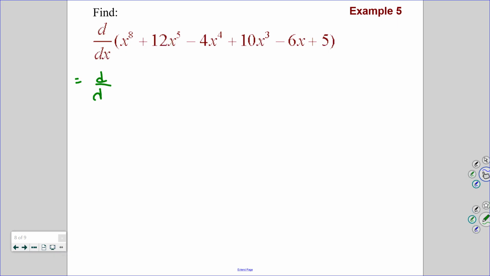Okay, so we're going to start just by breaking up the function and taking the derivative of each of the pieces. So that's what I'm going to do. Just write down the derivative of each of these separated.